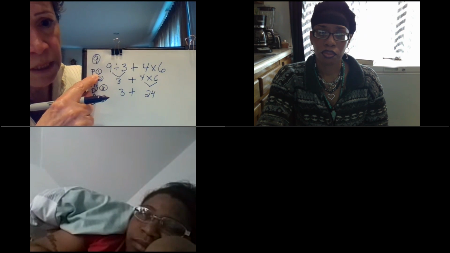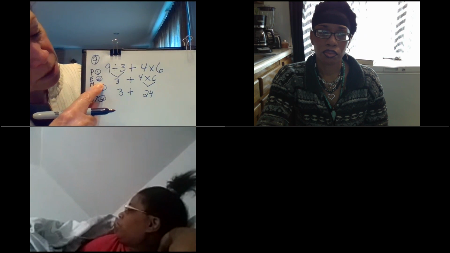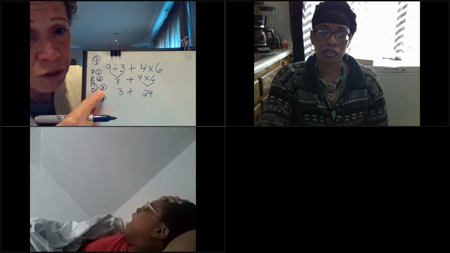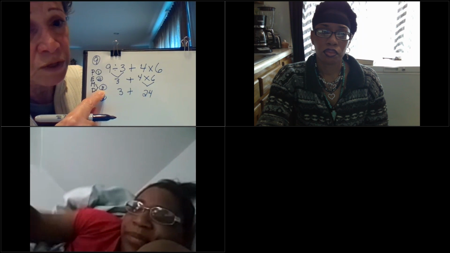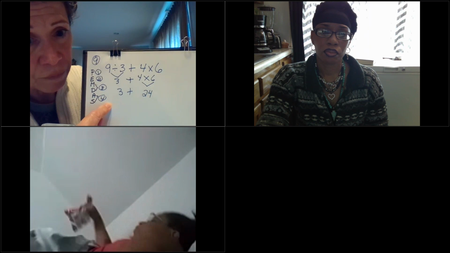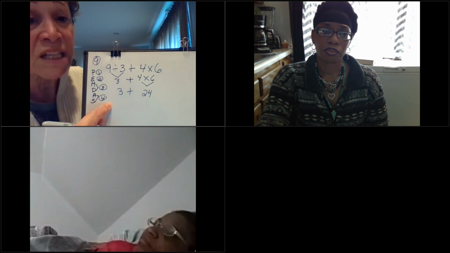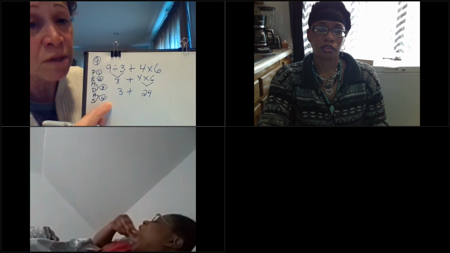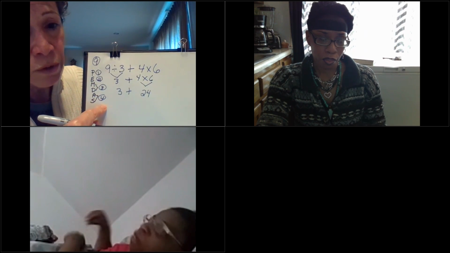All the parentheses, left to right. All the exponents, left to right. All of the multiplication or division, left to right, whatever comes first. And then addition and subtraction. So that's the difference. Yes, you always go left to right, but you have to do it in this order.